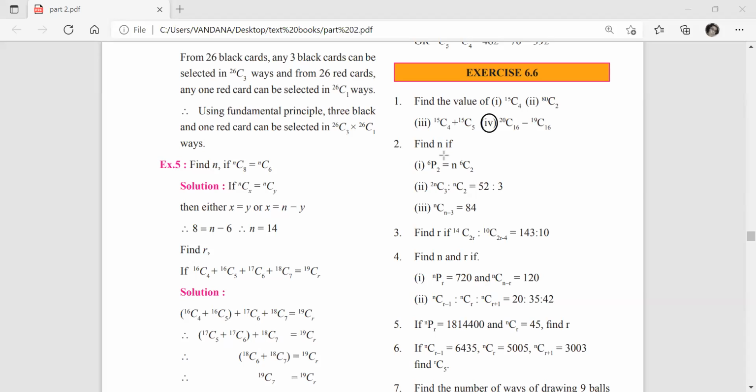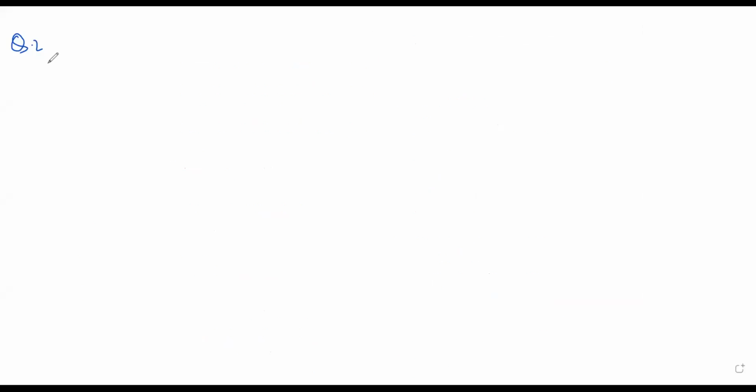Question 2. Find n if 6P2 is equals to nC2.